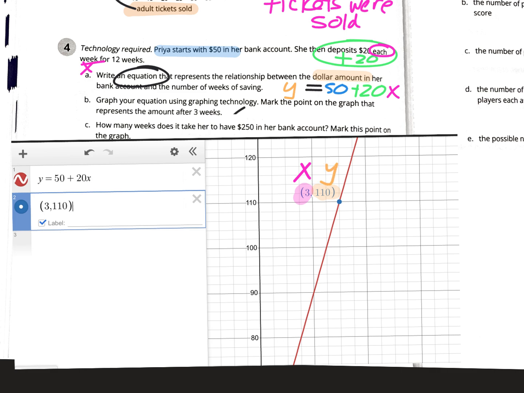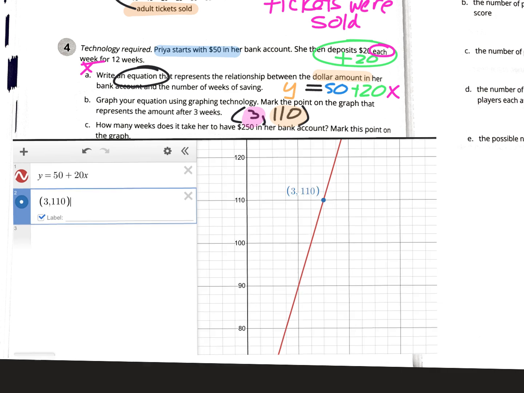So the coordinate is going to be (3, 110). Finally, it asks how many weeks does it take to have $250?